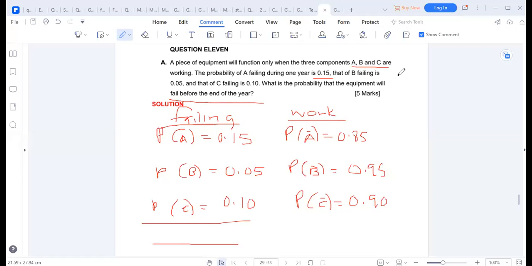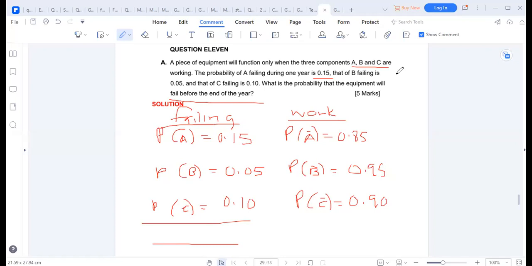So if events 1, 2, and 3, for instance, are components on an airplane, and one is working, they usually follow what we call a binomial distribution, which has a success and a failure.